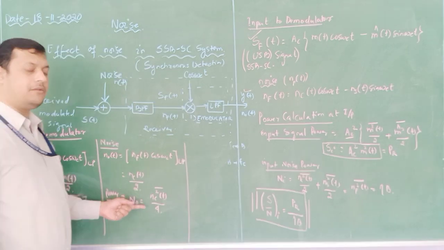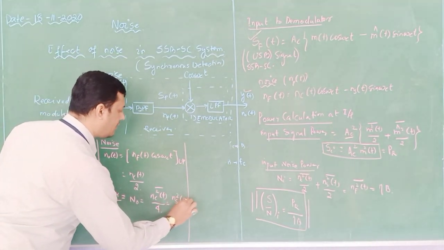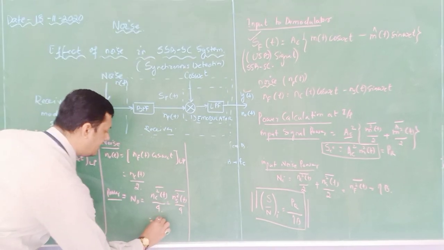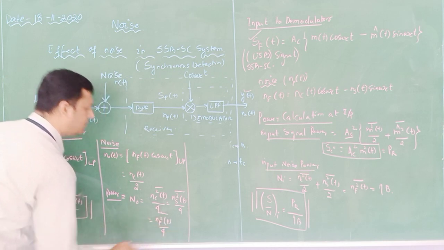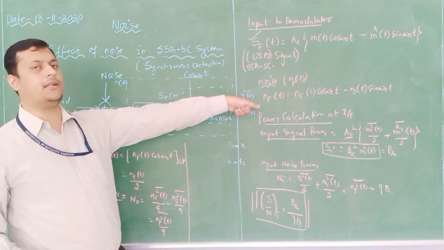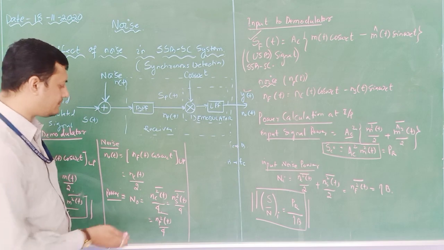Now the power available in Nc square is the same as Ns square of t whole divided by 4, or you can say it is Nf square whole divided by 4, because the same power is available for in phase component, out of phase component, and this Nf square of t.